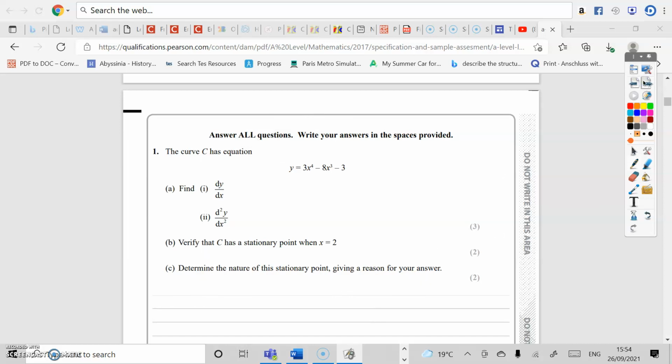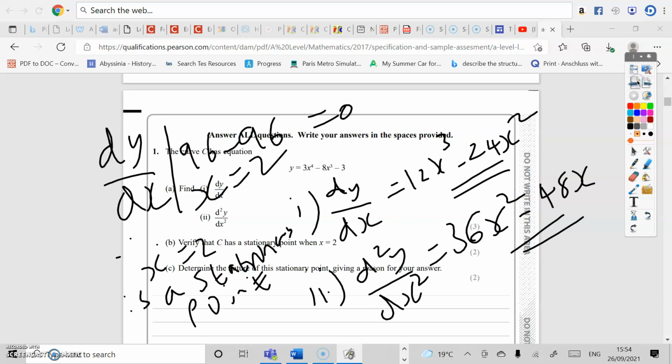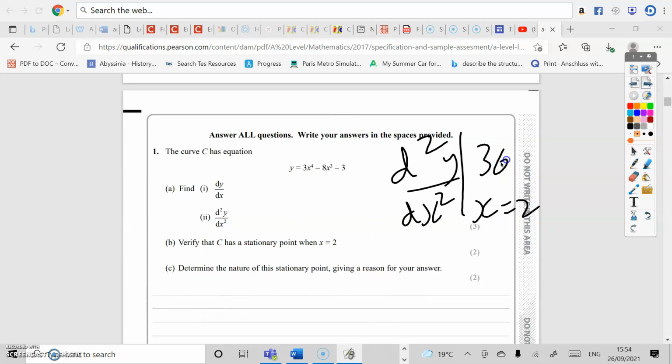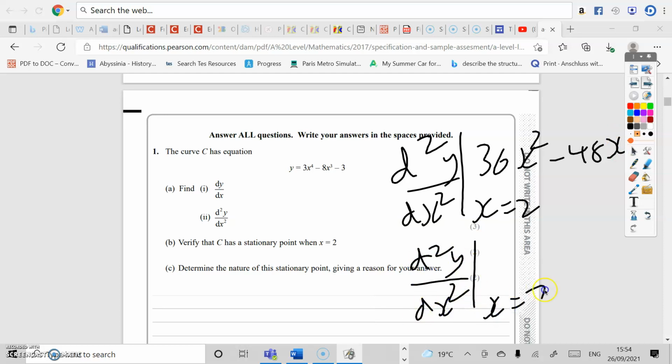Part C. Determine the nature of the stationary point, given a reason for your answer. Now, that means I need to sub in x equals 2 to the d2y by dx squared. If I just hop back, I had 36x squared minus 48x. Okay. So d2y by dx squared when x is equal to 2.